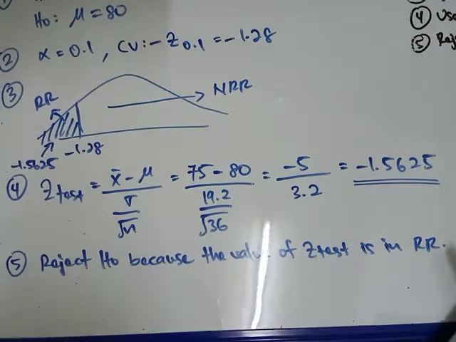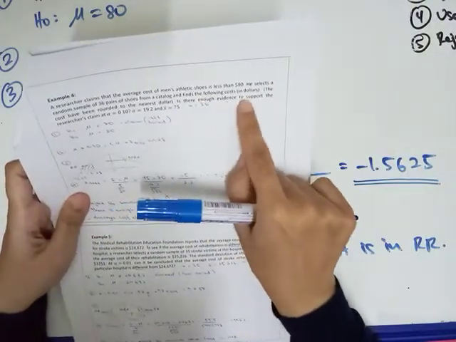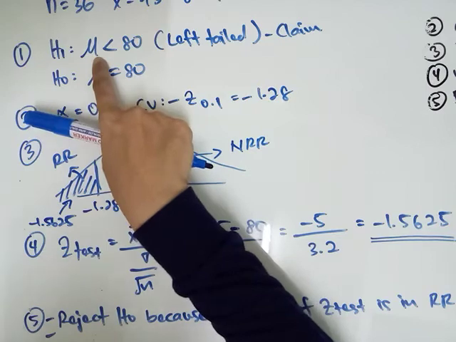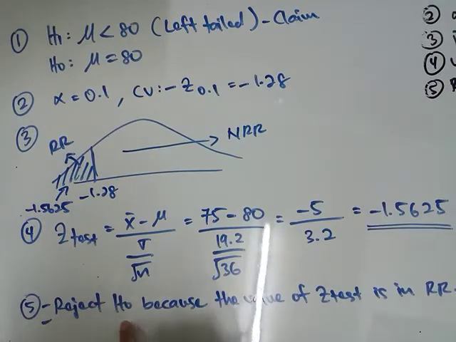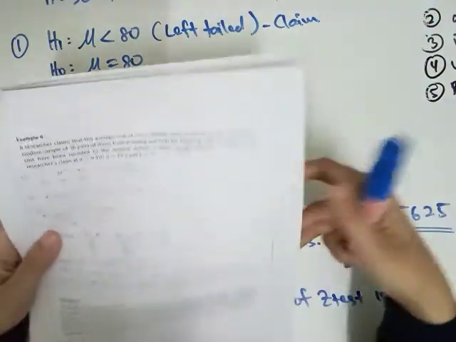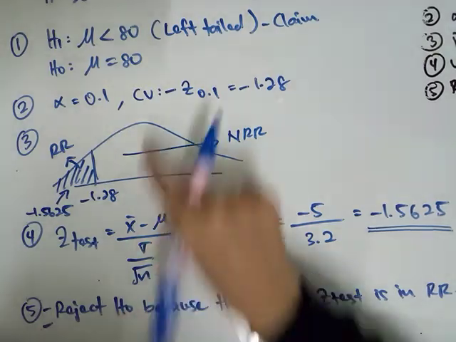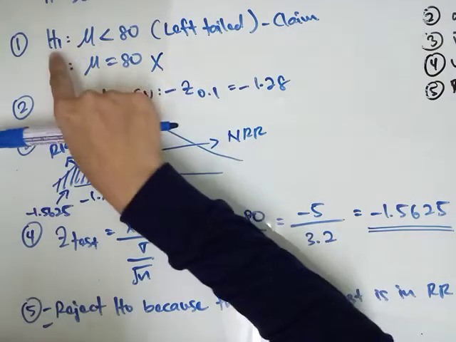This is the first conclusion. Okay, and then the second conclusion, what is it? It asks, is there enough evidence to support the researcher's claim? What does the researcher claim? H1, that the population mean is less than 80. Is it true? Since we have rejected H0, and H0 says the statement that the average cost is less than 80 is not true, it means H0 is not correct. We rejected H0, that means we accept H1.